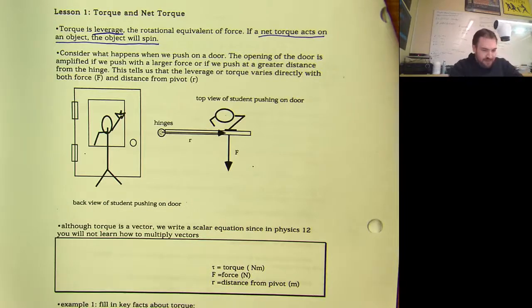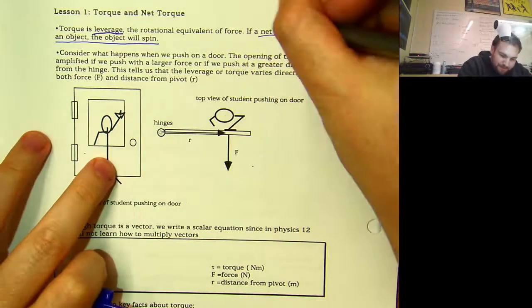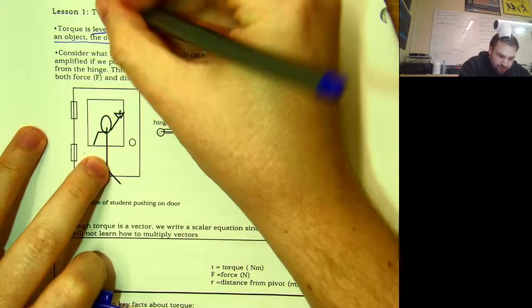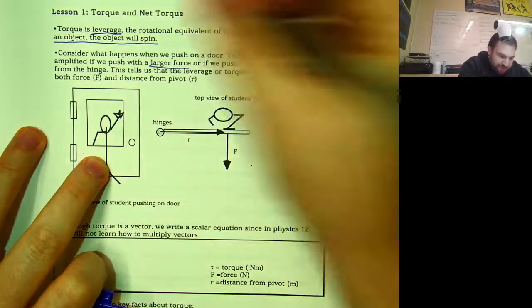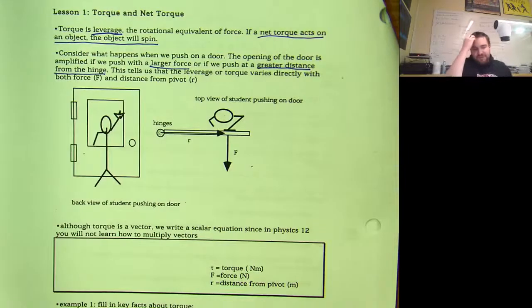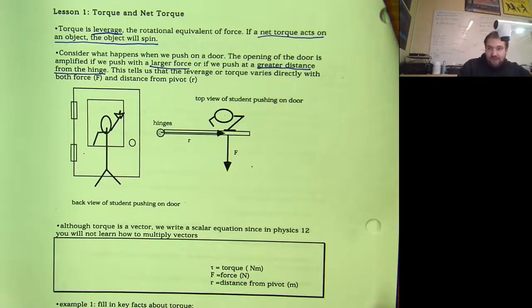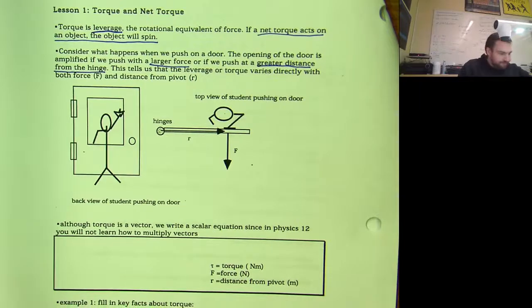And so it's this combination of a larger force or a greater distance from the hinge. So this tells us that torque varies as you vary the force and as you vary that distance. That's going to give us the formula that we're going to use for torque.